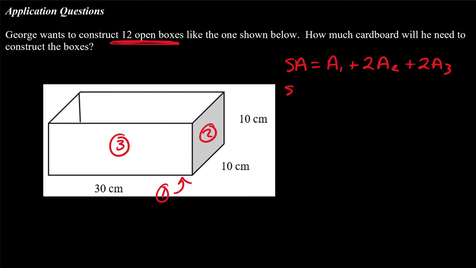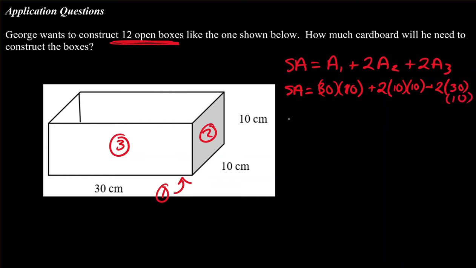So let's try this out. Area number 1 looks like it's 30 centimeters by 10 centimeters. So 30 by 10, plus 2 times area 2, which is 10 by 10, plus 2 times area 3, which looks like it's 30 by 10.